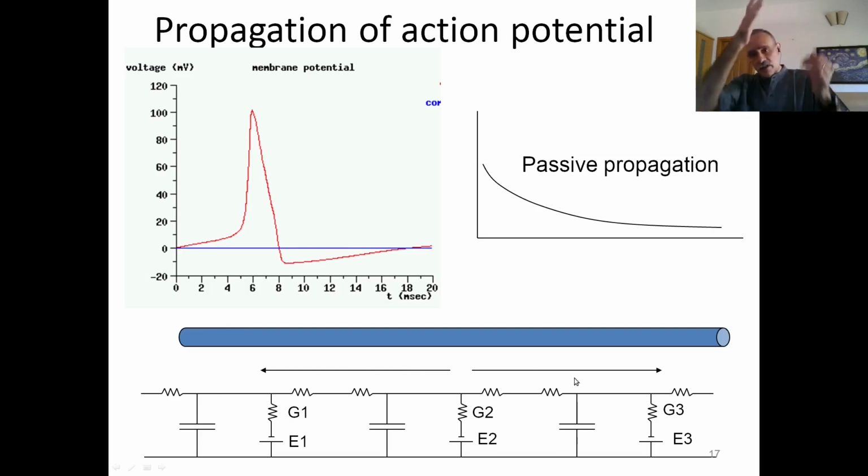You remember this, it has an exponential decay if you wait long enough, but we're not waiting here. What's happening is that you get the passive propagation, and that means that now the potential from this compartment has propagated into this compartment, causing the opening of ion channels, and sure enough, you get an action potential there.